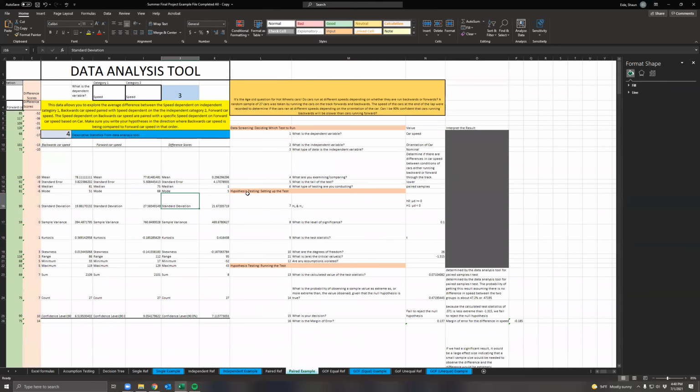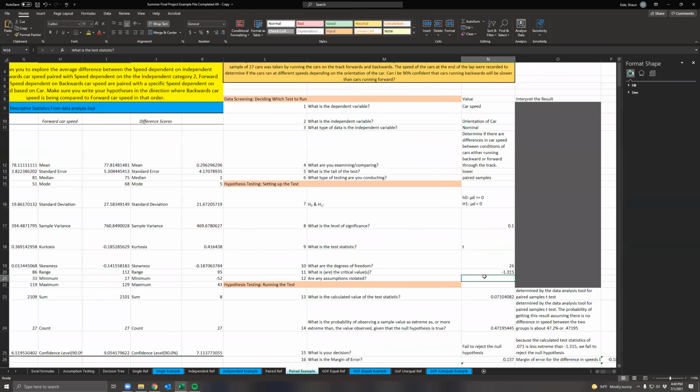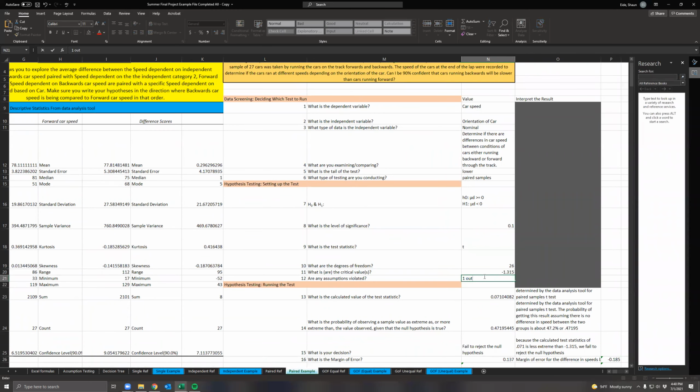So let's see here. Are any assumptions violated? One outlier above and one outlier below, but no other assumptions violated.